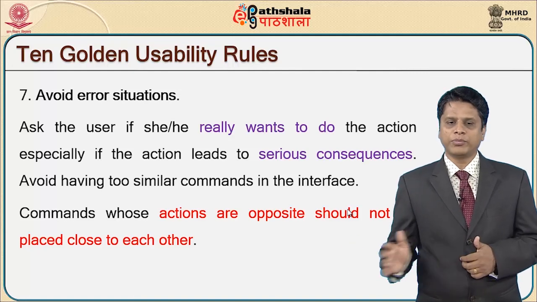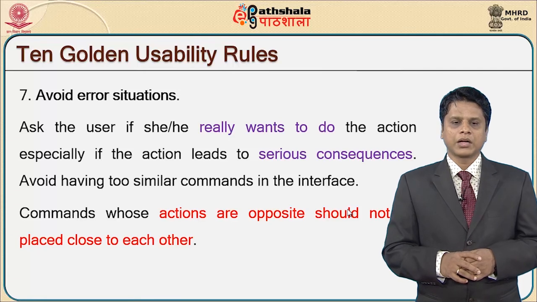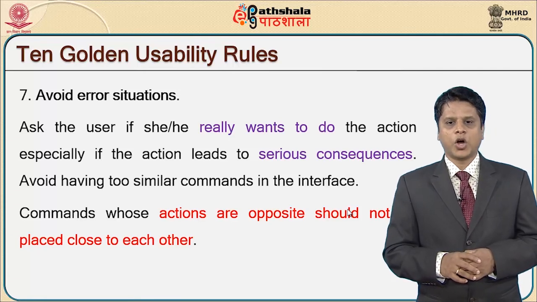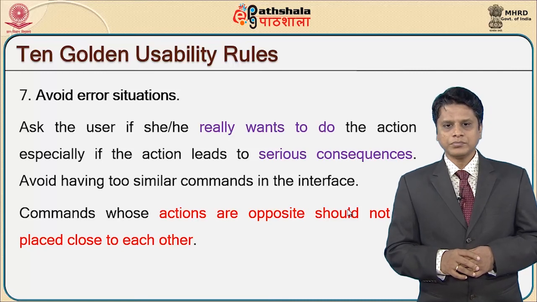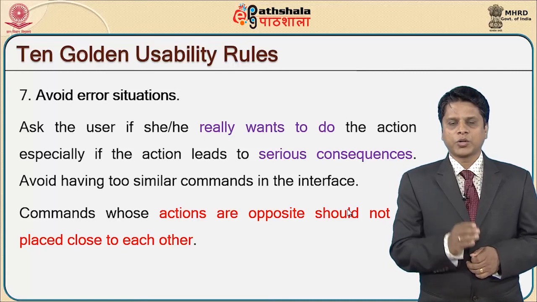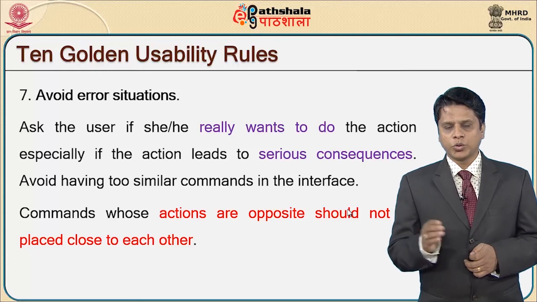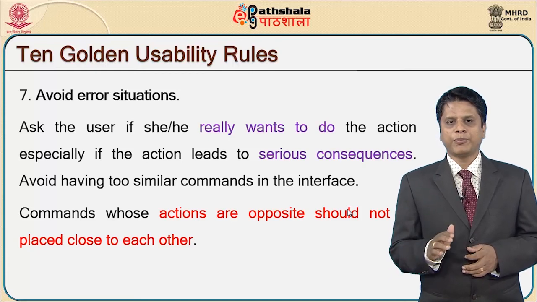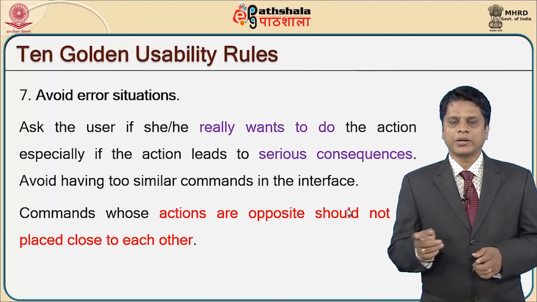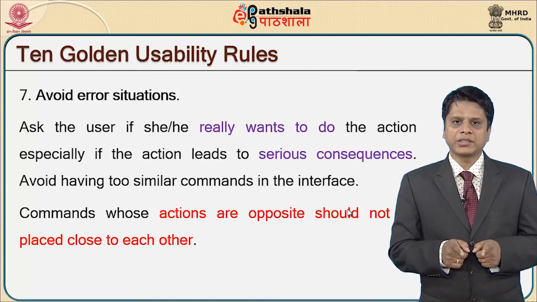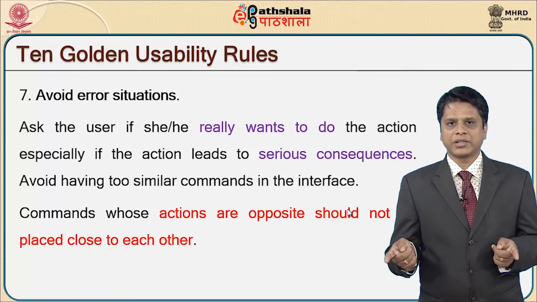Commands whose actions are opposite should not be placed close to each other. For example, if Control C and Control V are too close, there is a possibility of hitting the wrong one. So buttons which are very close to each other should not perform two opposite functionalities.